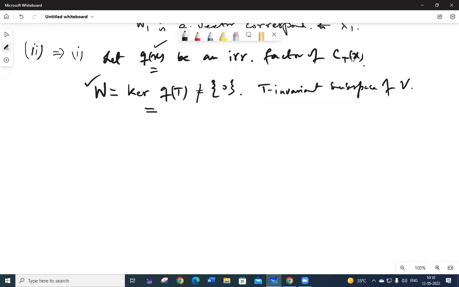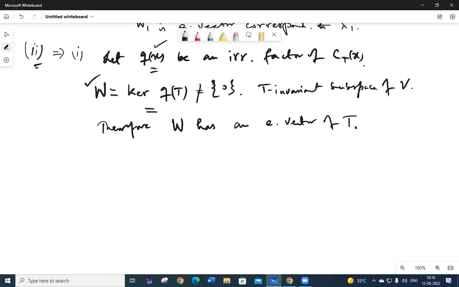So this is T invariant subspace. Therefore, W has an eigenvector of T. This is the second part. Therefore, W has an eigenvector of T. All right.